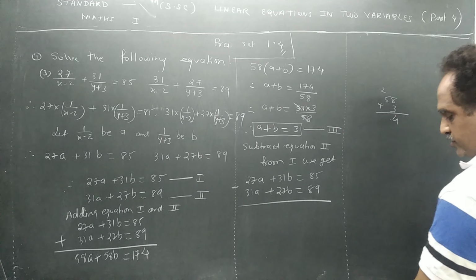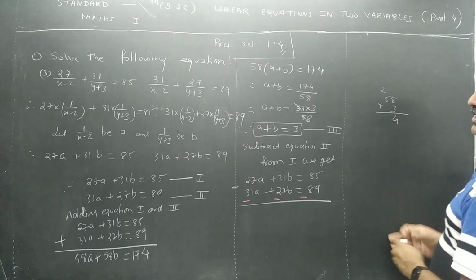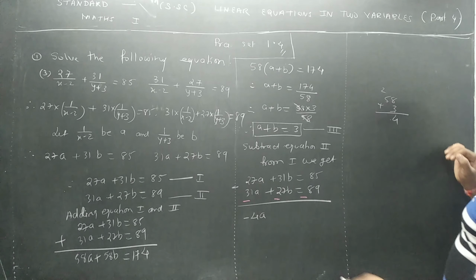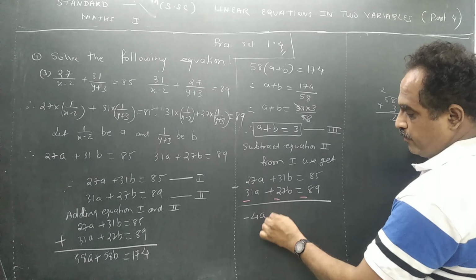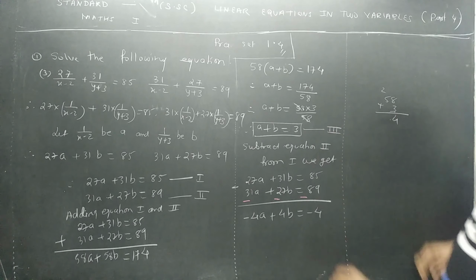While subtracting, we have to change the sign of the lower terms. So what will happen now? This I am subtracting is minus 4a. You have to give the sign of the greater number, plus 4b is equal to minus 4.